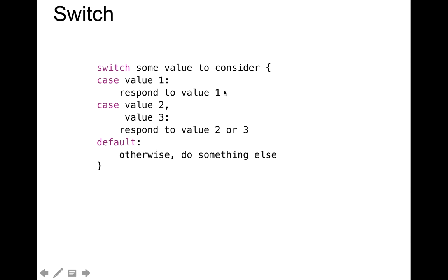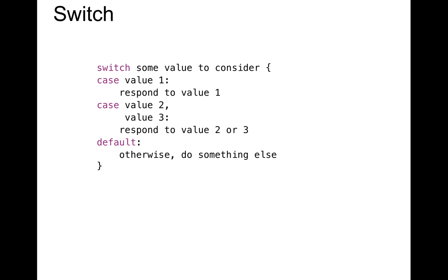After you do case 1, it will not go to case value 2 or case value 3. It will directly go to after the curly braces. But in C, if we don't use break, after doing case 1, it will do case 2. That's the difference between Swift and C.